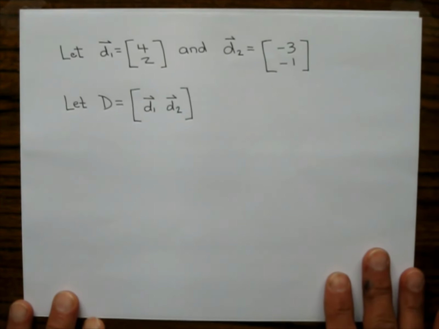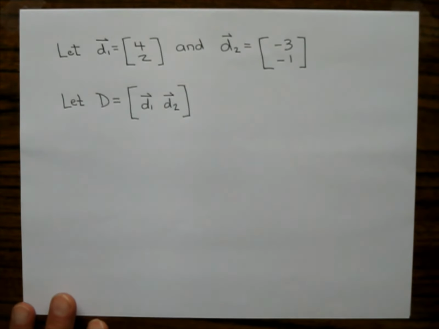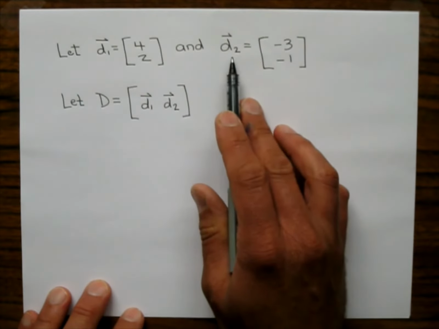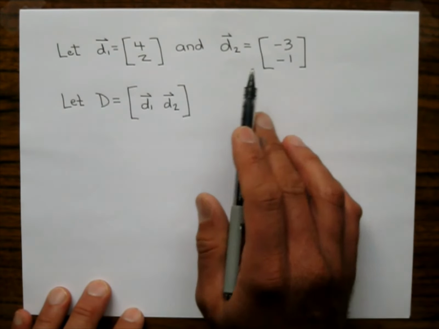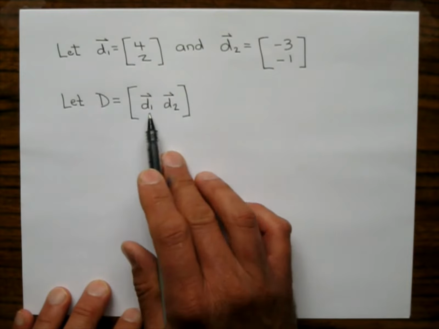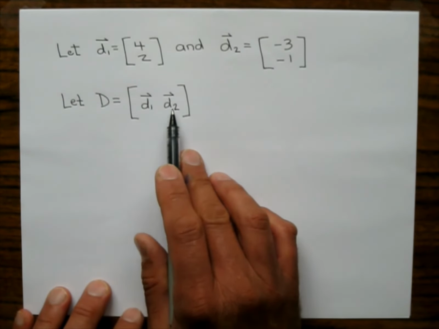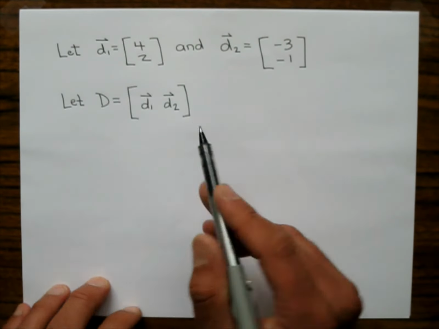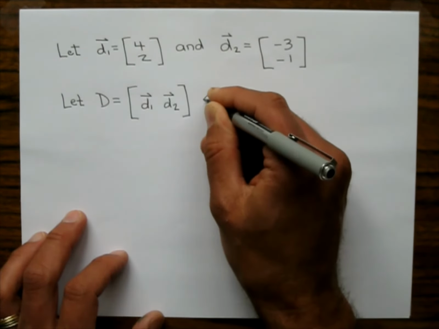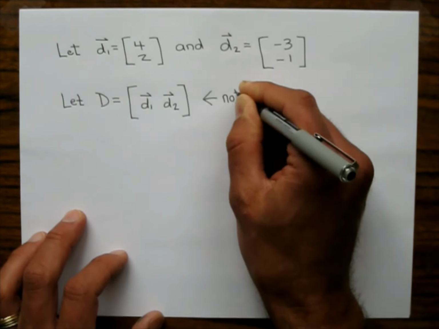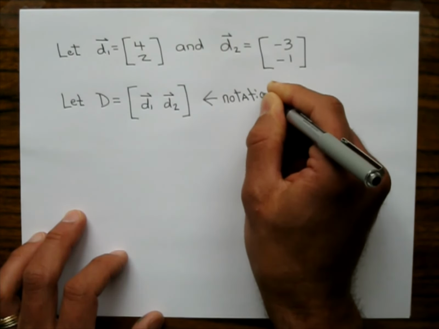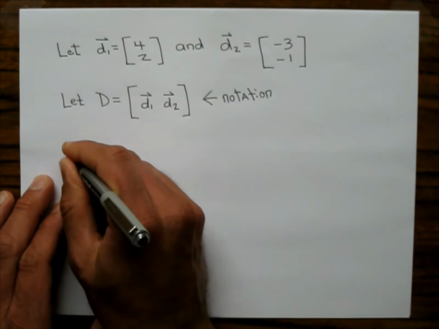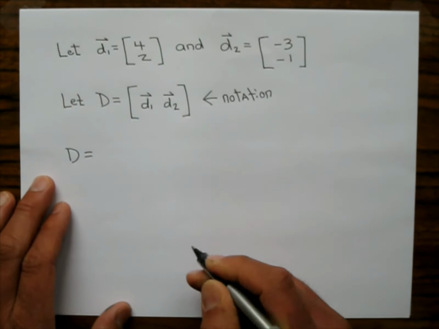What we're going to be doing here is introducing you to some notation as well. Let this column vector be called D1, and then we have D2, which is that column vector. And then let D be this right here. You're thinking, am I multiplying them together? No, this is called a concatenation. You're just putting them together. So let's write out what D is.